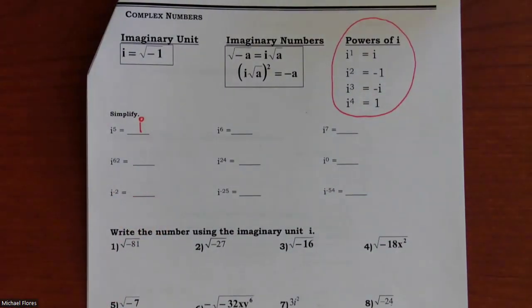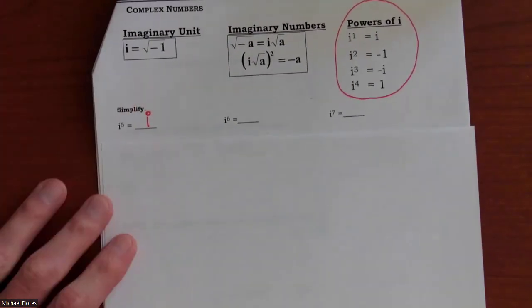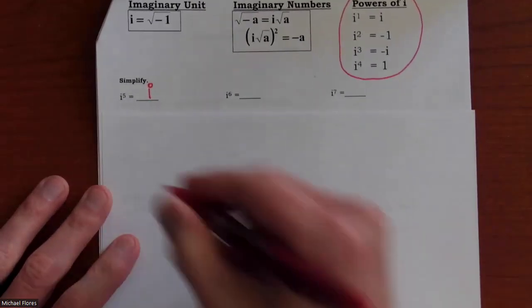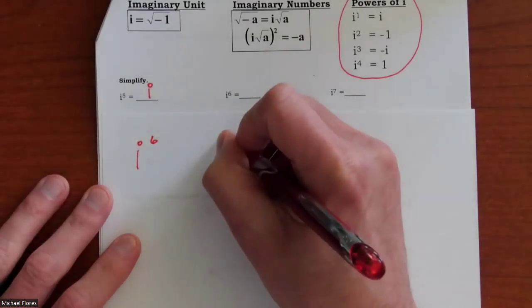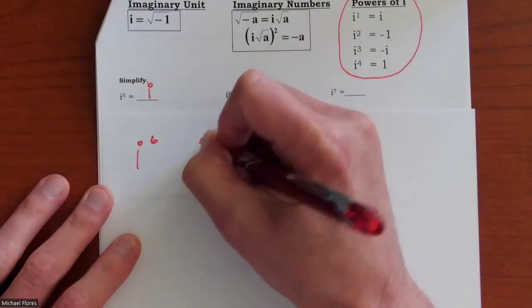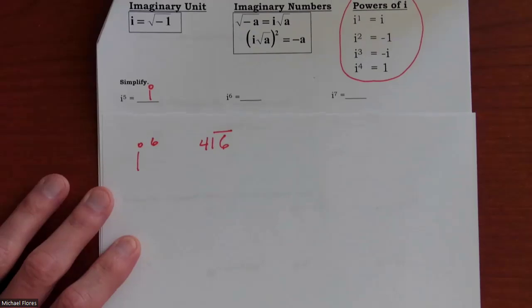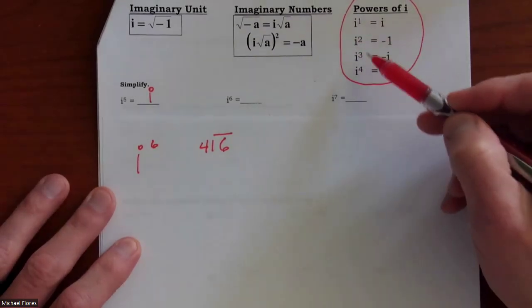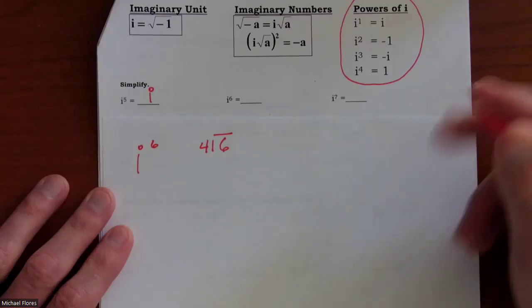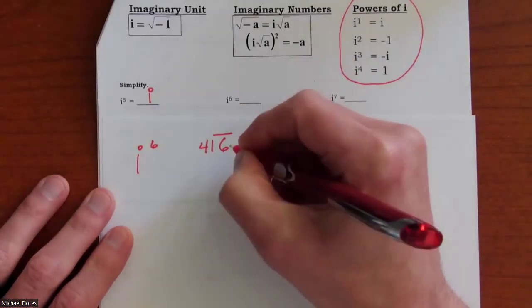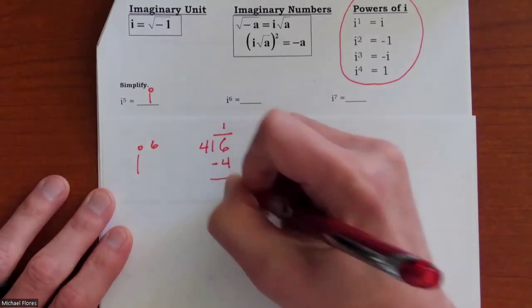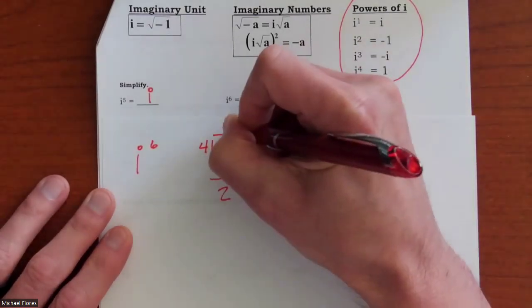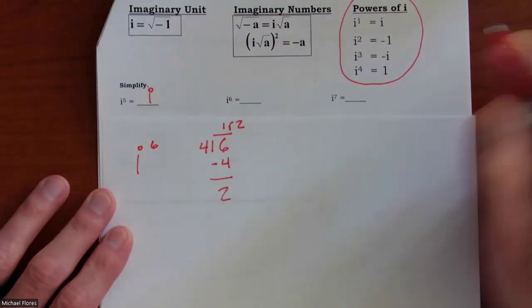Now, crystal clear, right? That's what I thought. i to the sixth power. We're going to take that exponent and divide it by 4. Why 4? Because there's 1, 2, 3, 4 possible options that it could be. 4 goes into 6 one time. 6 minus 4 is 2, so that would be 1 with the remainder of 2.